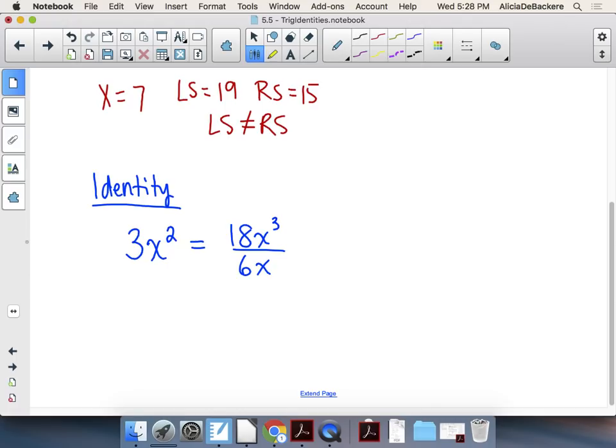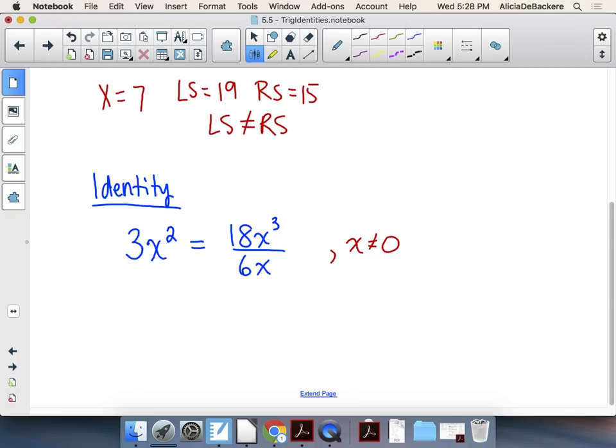This is an identity, and what that means is no matter what number you pick for x, the left side will equal the right side. The only exception in this case, because I do have a denominator with an x in it, is that x cannot equal 0. There is one exception, and that's just because it's not in our domain. But otherwise, this is true for all values of x.